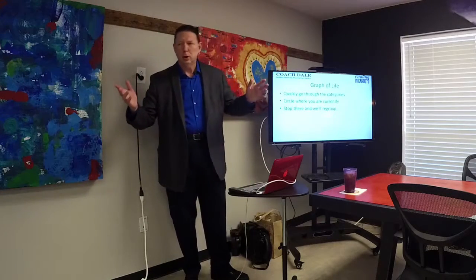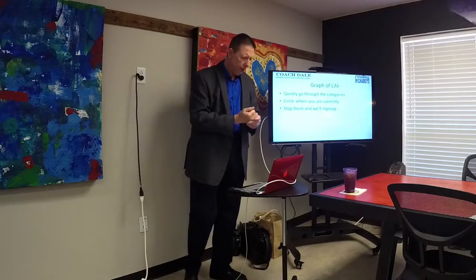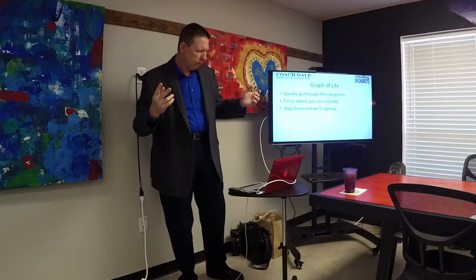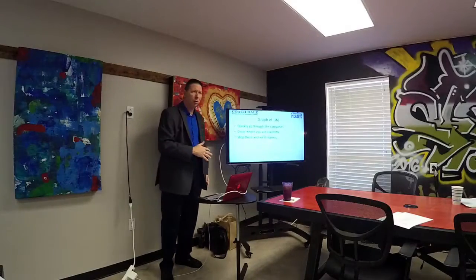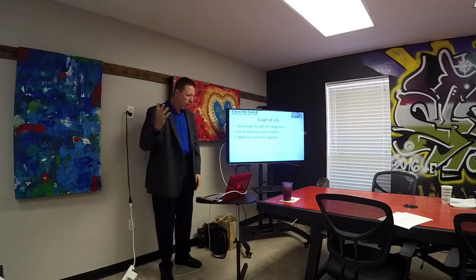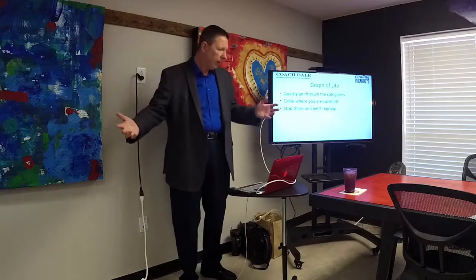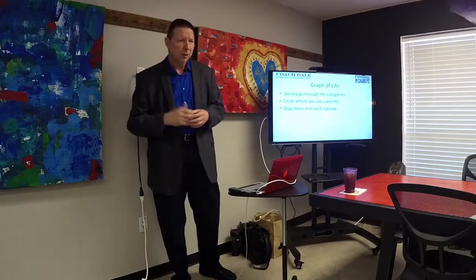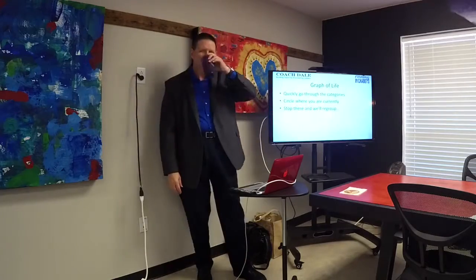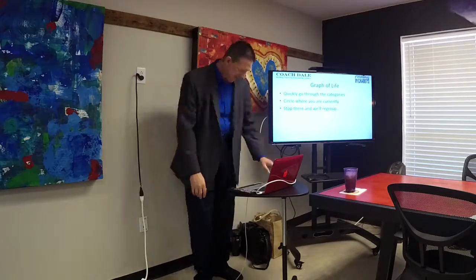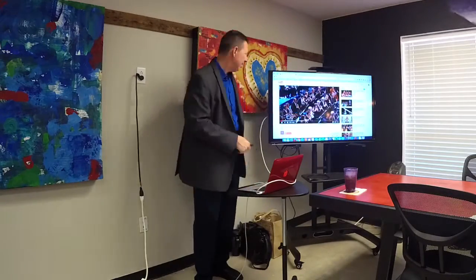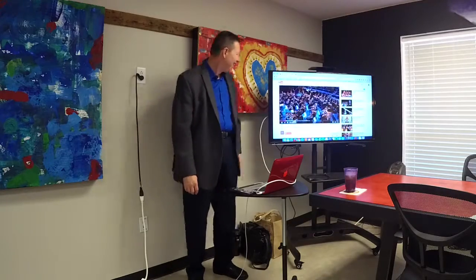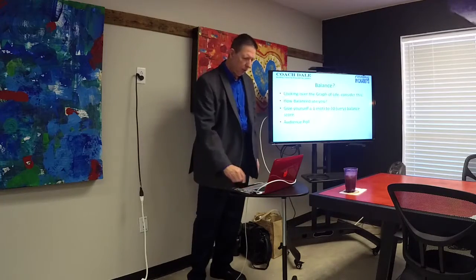All right. So pull out your Graph of Life. You have like 2 minutes. Just go through the categories and circle, on a scale of 1 being the least and 10 being the most, where you are in each of those categories. Go. Love it.